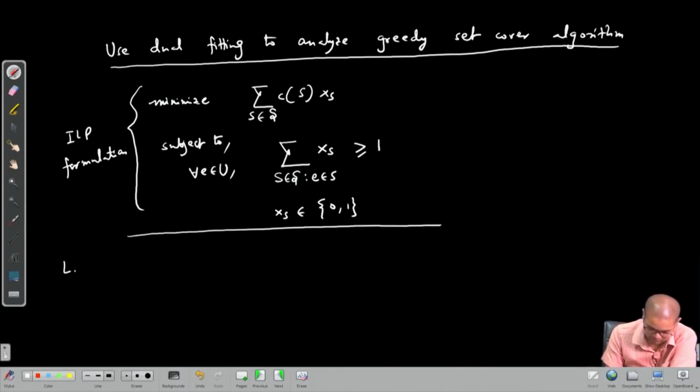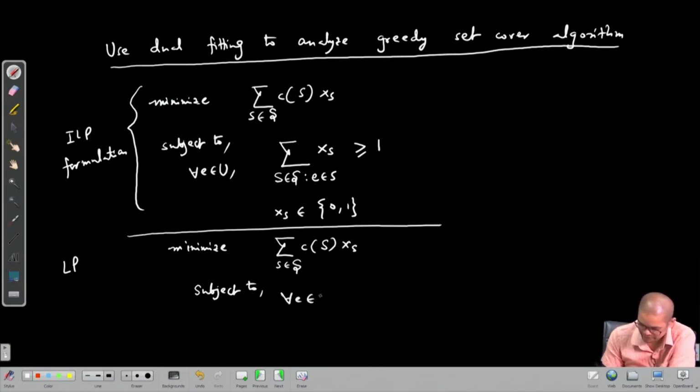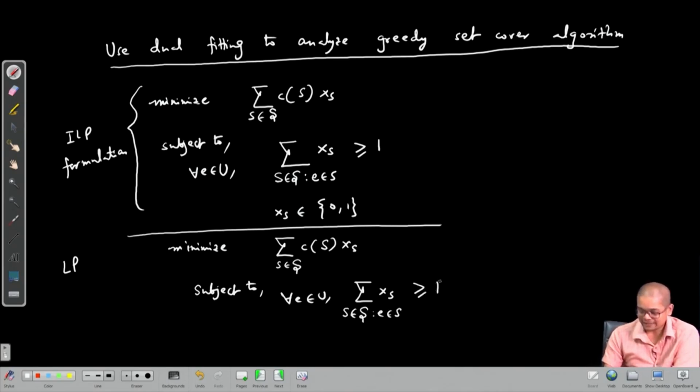So, the LP relaxation is, again, the objective function remains the same: minimize summation c_S x_S, S in calligraphic S, subject to, for each element e in the universe, summation x_S over S in calligraphic S with e belonging to S, this is greater than or equal to 1, and x_S is greater than or equal to 0 and less than or equal to 1.